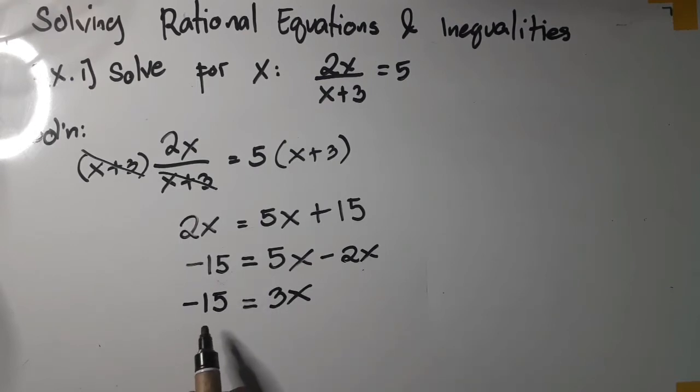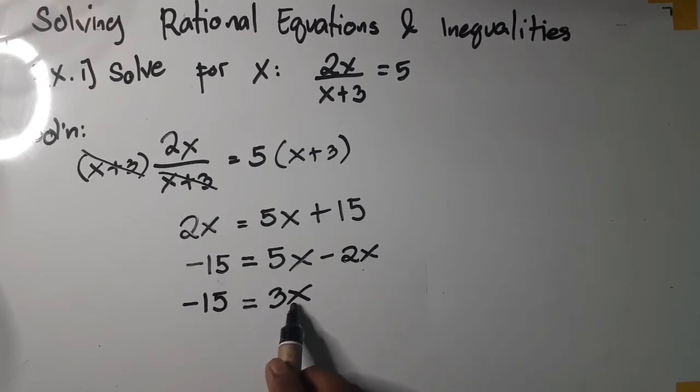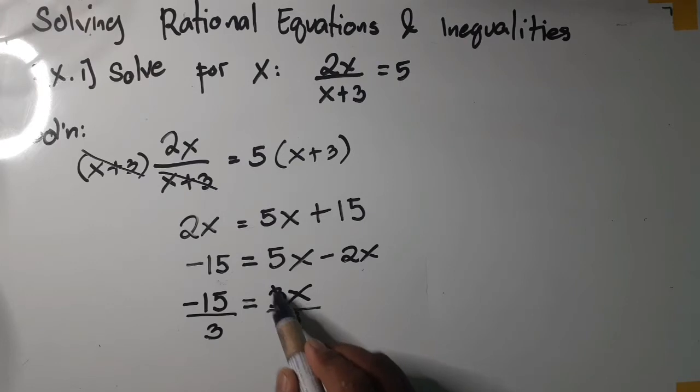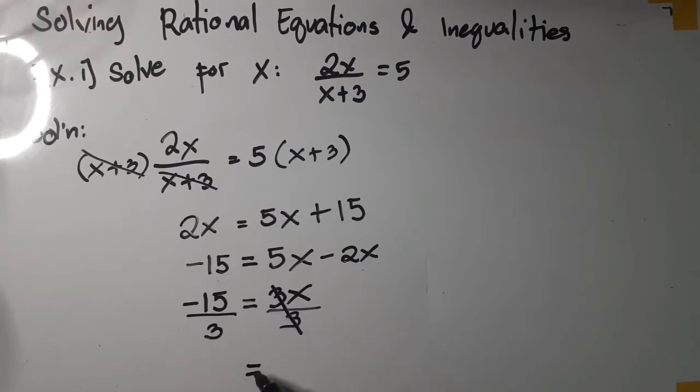To solve for x, what do you need to divide both sides by? That's right, divide by 3. What remains on the other side, the right side, is only x. Negative 15 divided by 3 is, that's right, negative 5.